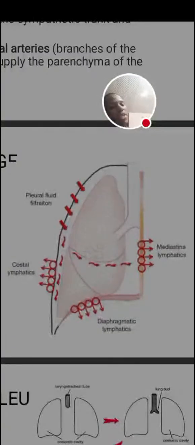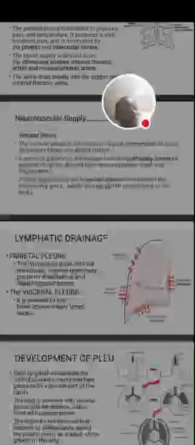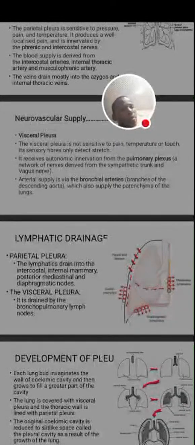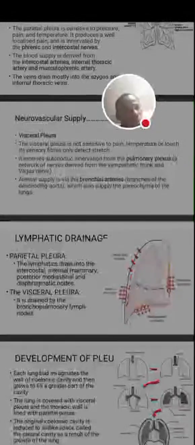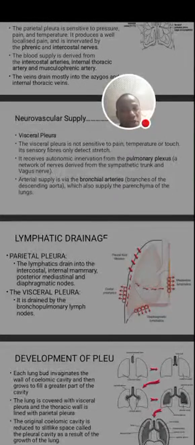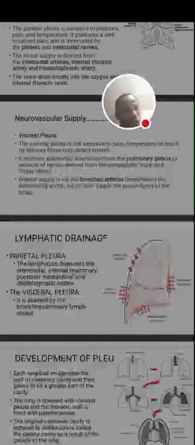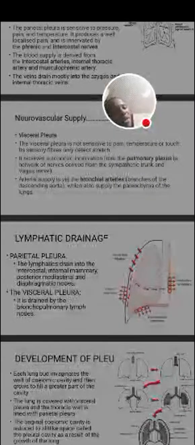So we said deep M is very deep, where D is the diaphragmatic node. I is intercostal node. P is posterior mediastinal node. And M is mammary, internal mammary node.